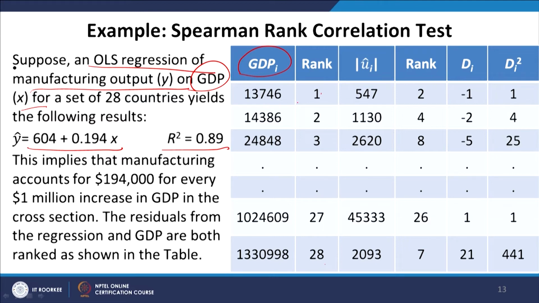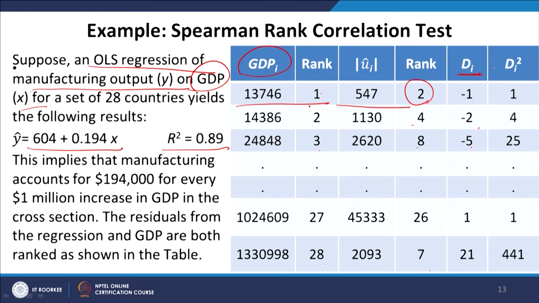So, the first country having a rank with respect to GDP as 1, in terms of residuals has a rank of 2 and so on. When these are ranked, I calculate d i as the difference between the rank of GDP and the rank of residuals. So, this is minus 1 here, similarly 2 minus 4 is minus 2, 3 minus 8 is minus 5 and so on.